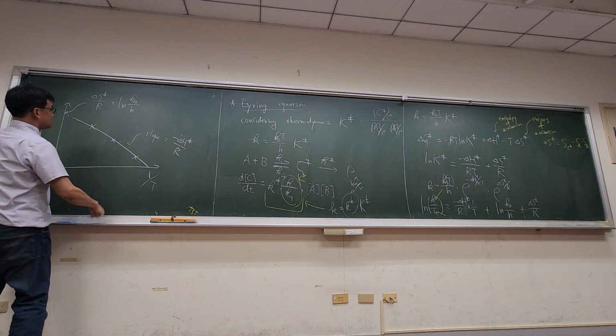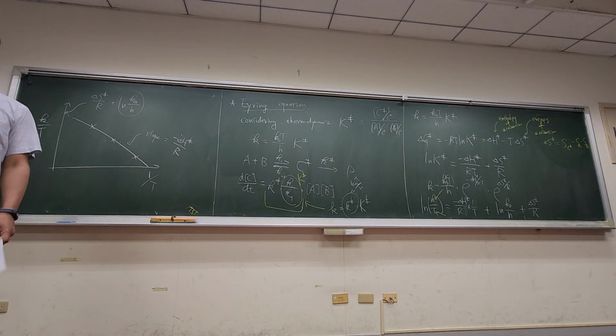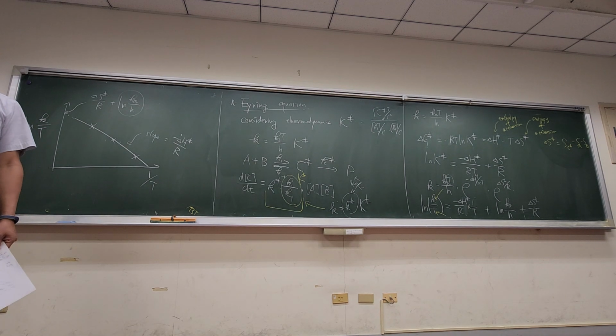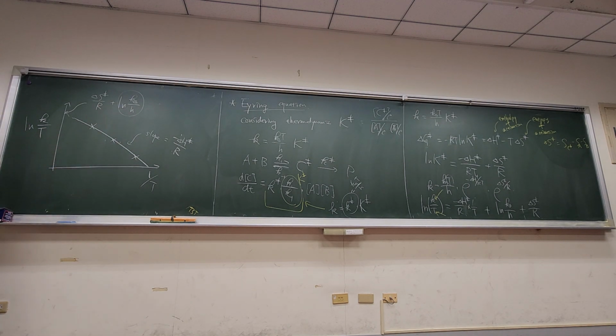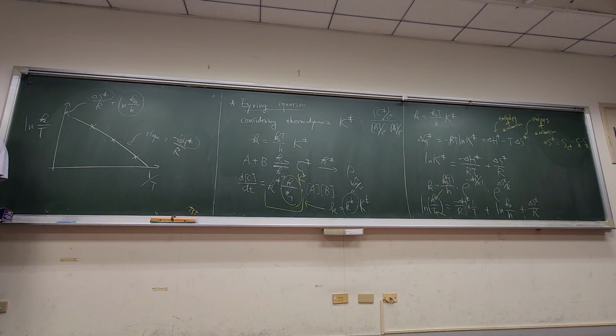Interestingly, this constant contains the ratio between the Boltzmann constant and the Planck constant, statistical mechanics or thermodynamics versus quantum mechanics. But those are fundamental constants. We know the value. So you can figure out the entropy of activation and enthalpy of activation in this kind of temperature dependent experiment.